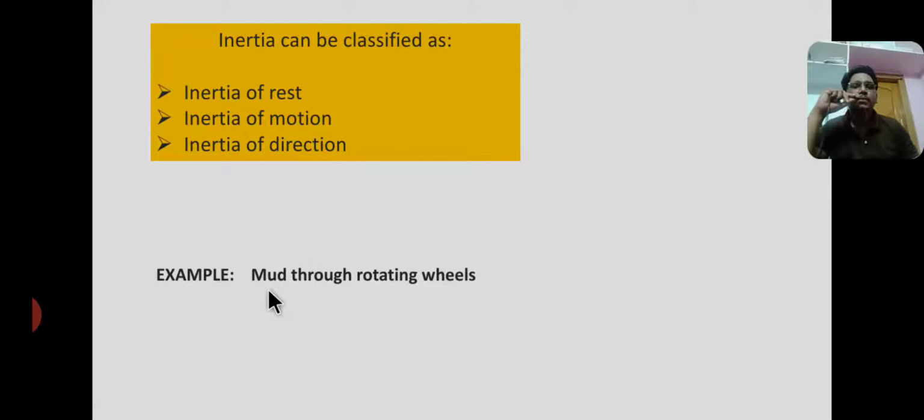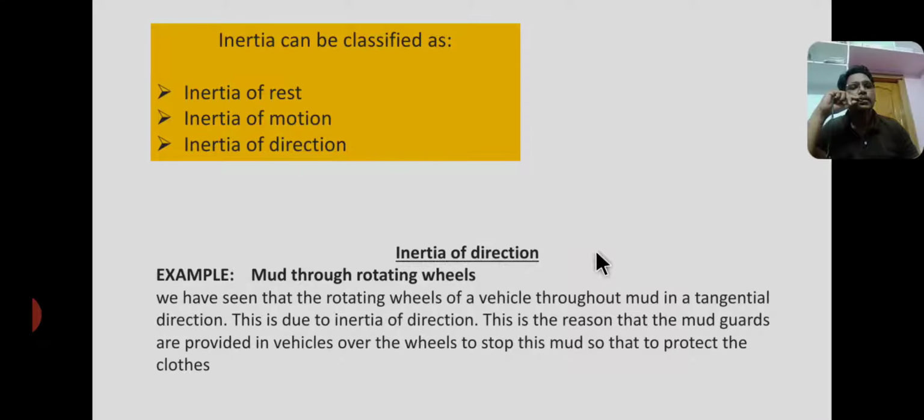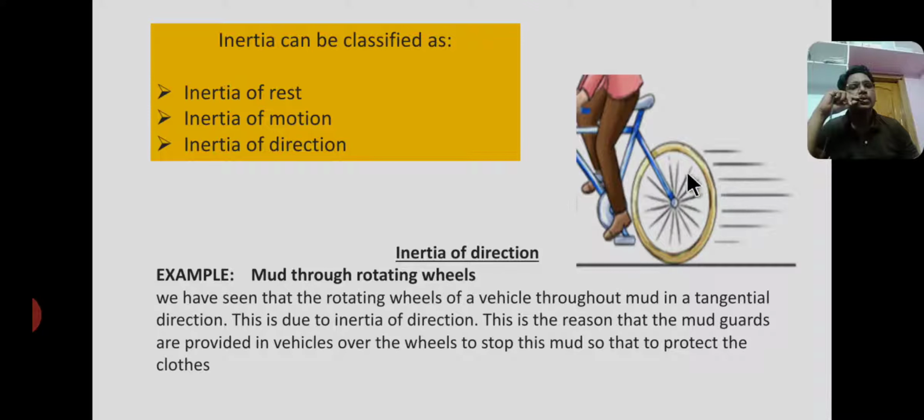First example, this is an example for inertia of direction. So here the example is mud thrown by rotating wheels. This is the first example for inertia of direction. Look at the diagram.